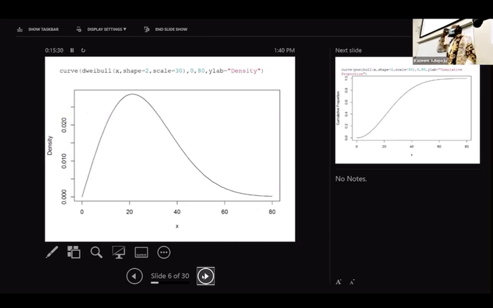If you want to do this in R, it's going to be curve, dweibull, shape equal to 2. You have been given your shape, your alpha or A, the shape parameter equal to 2, and the scale parameter equal to 30. But let me tell you, in a real-life practical situation, you are not going to be given that.